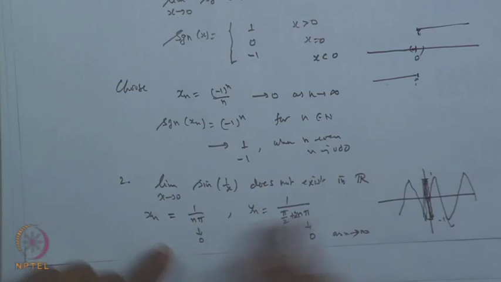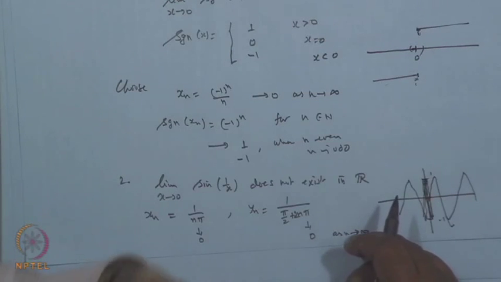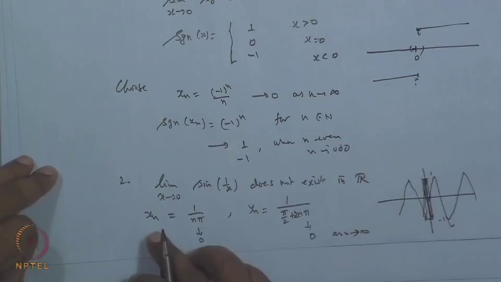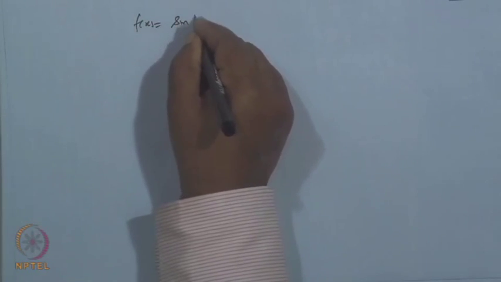So these sequences are converging towards 0, that is, mod of x_n minus 0 is less than delta. Now, for this sequence what is f of x_n? f of x is sin 1 by x.